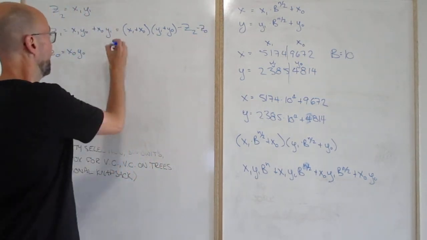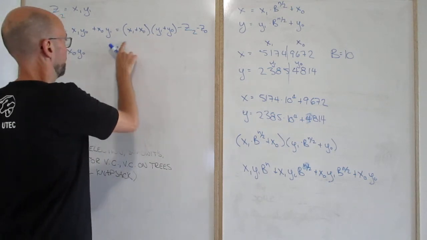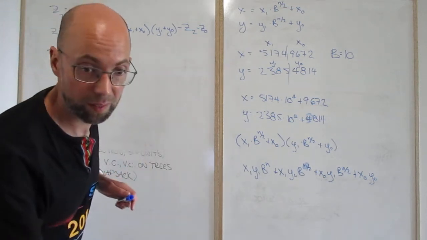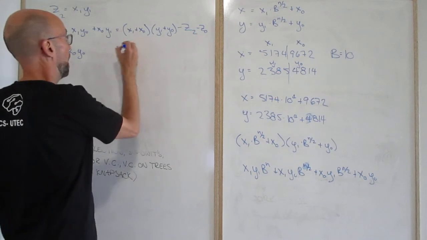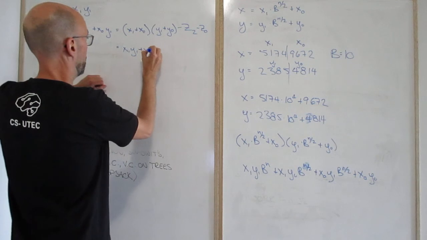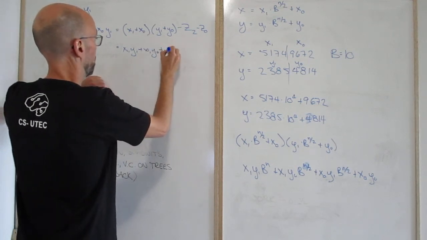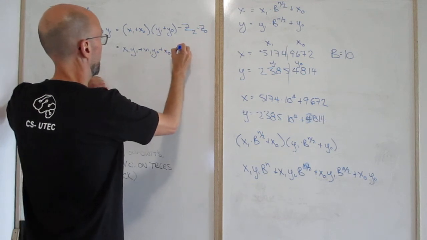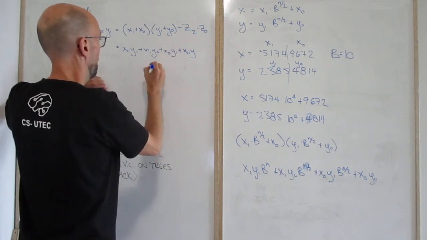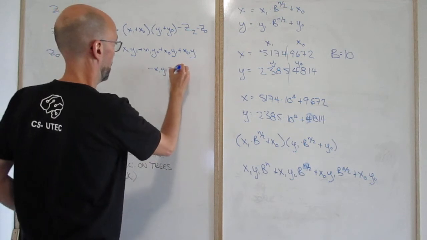Because that's equal to x1 y1 plus x1 y0 plus x0 y1 plus x0 y0, and then minus x1 y1 minus x0 y0.